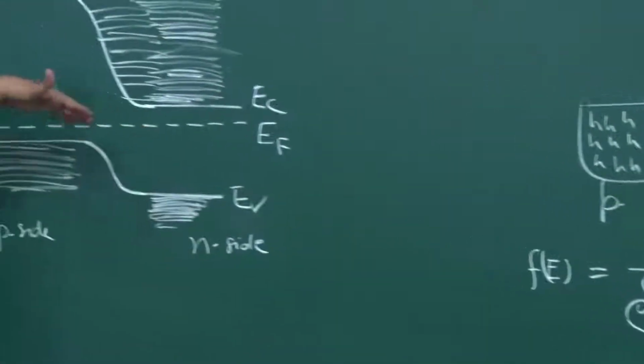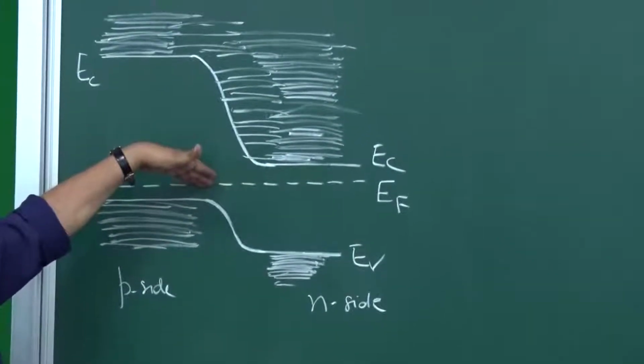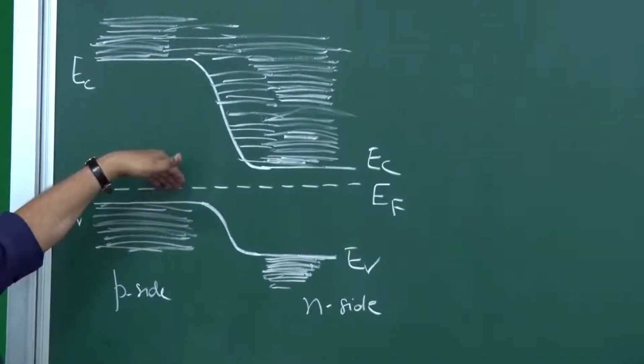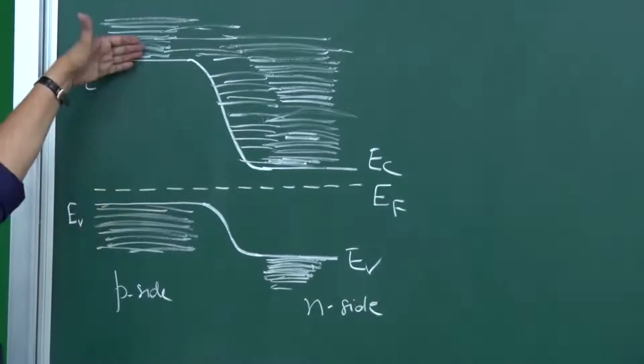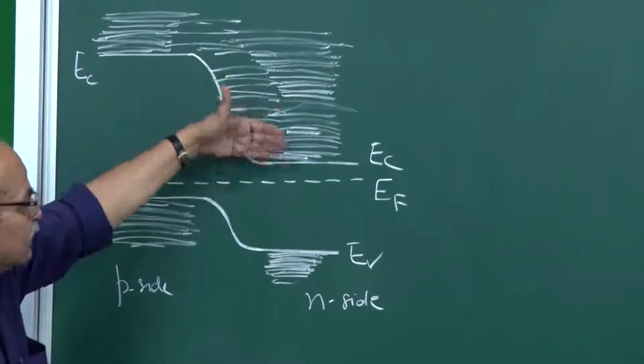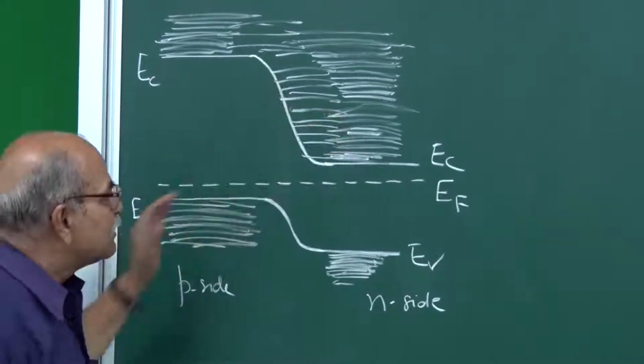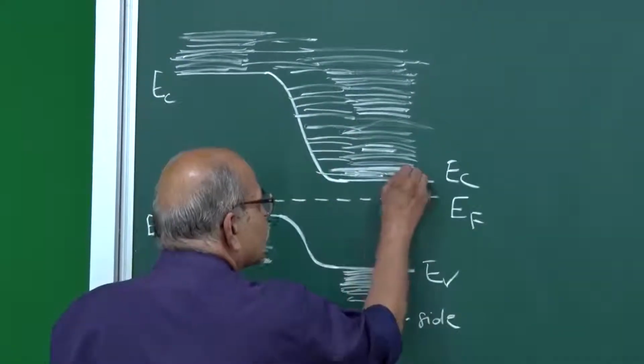If you are right here, there is no quantum state, but if there is a quantum state here, the probability would be half. And then for example here, or here, you can ask what is the probability that there is an electron here.